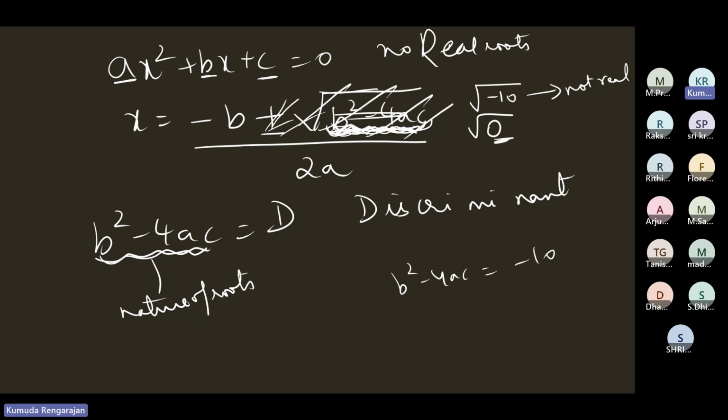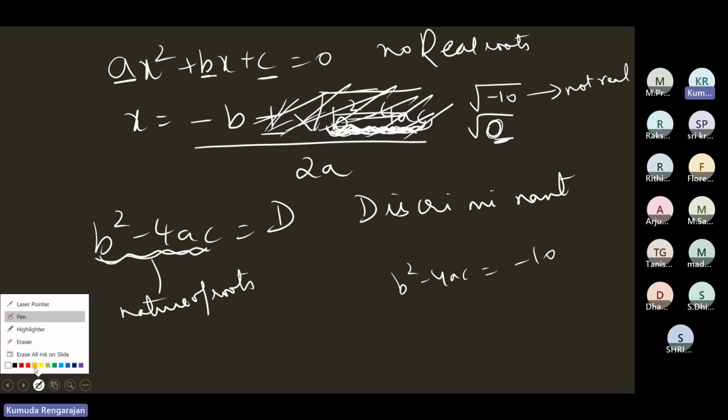If it is 0, the square root of 0 is 0, so we are left with only minus b by 2a, which is only one value. What about the other value of x? No, there is no other value. So when b square minus 4ac is 0, the quadratic equation has equal roots, that is only one root or two equal roots.